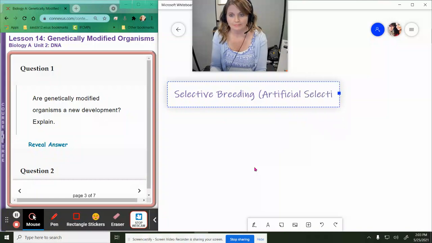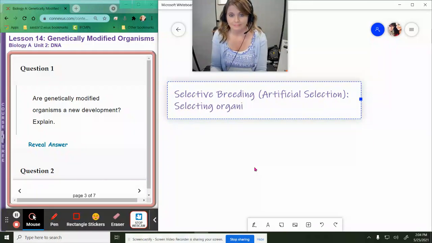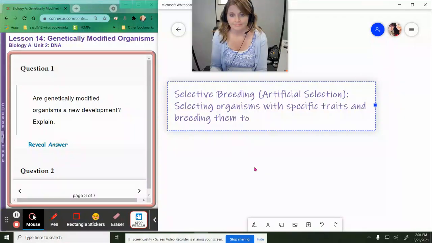Essentially, this is people selecting organisms with specific traits and then breeding them together to try to elicit the phenotype that they want, or the desired trait, in the offspring.